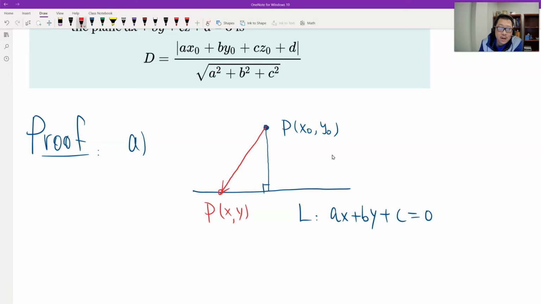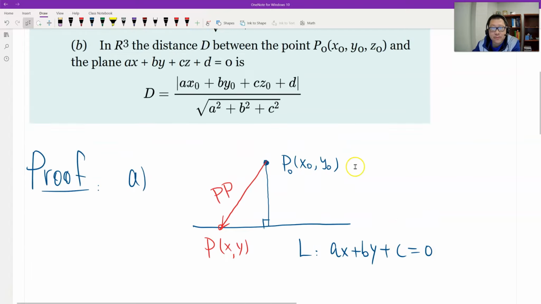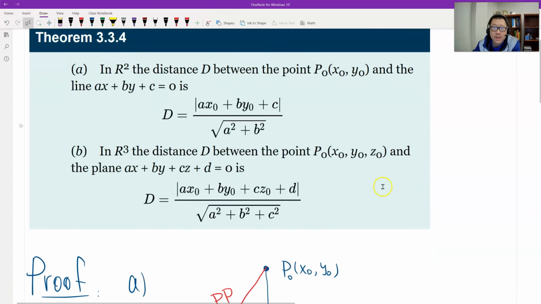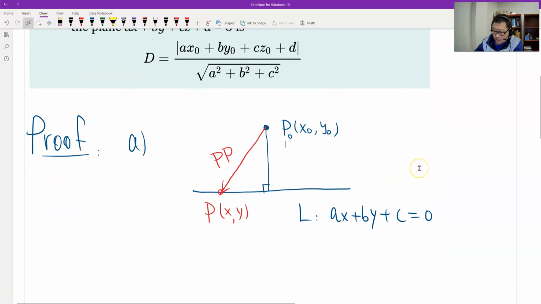So we have a vector from the original point, which we call P0, to P. You use the coordinate of P minus the coordinate of P0.